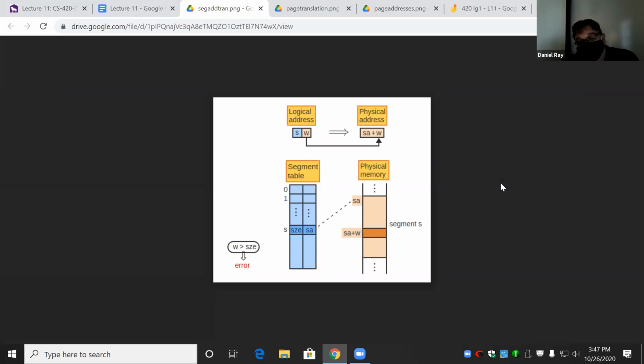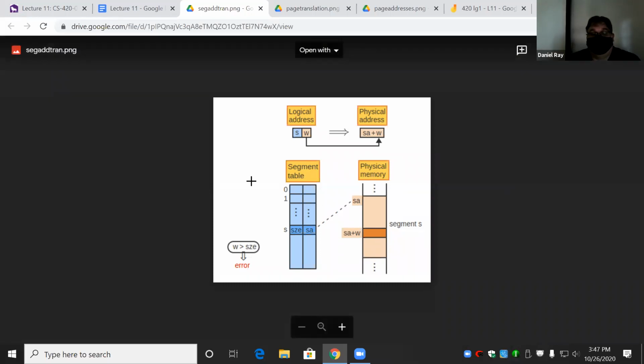Okay? Then we have a segment table, and the segment table is as big as the number of segments we have in our process. S represents the segment number. So we look up the segment number, the Sth segment, and we find it right here.